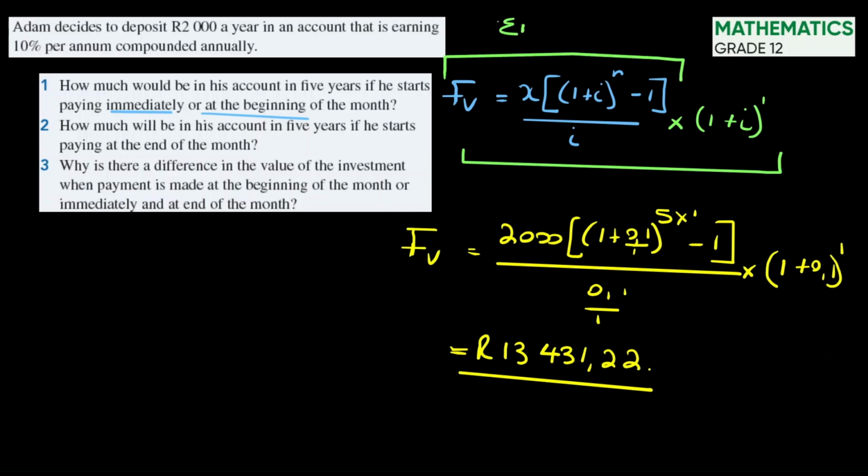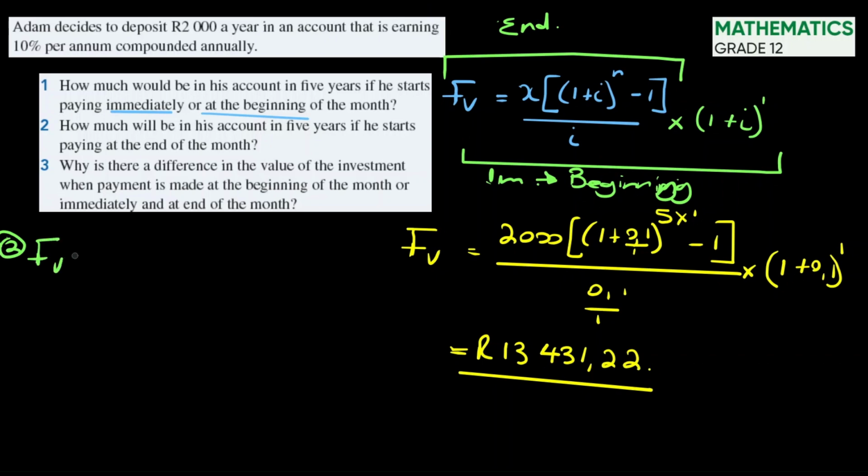So we can say end will be that, and the beginning or immediately will be that. Please make a mental note of that. So if it's at the end of the month, just use our standard future value formula.